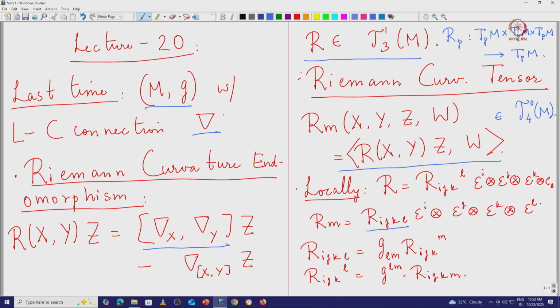So both the curvature endomorphism and the curvature tensor essentially denote equivalent quantities up to lowering and raising indices. Whichever is convenient, we'll either consider the curvature endomorphism or the Riemann curvature tensor.